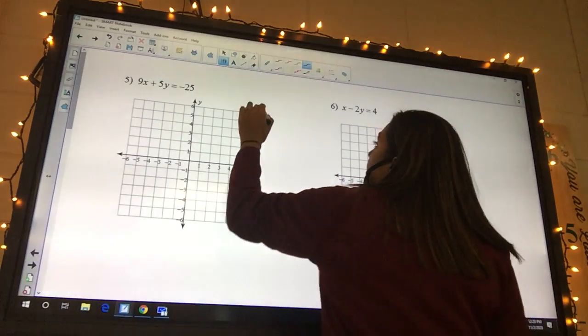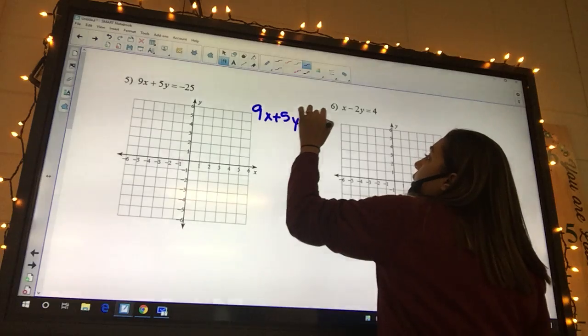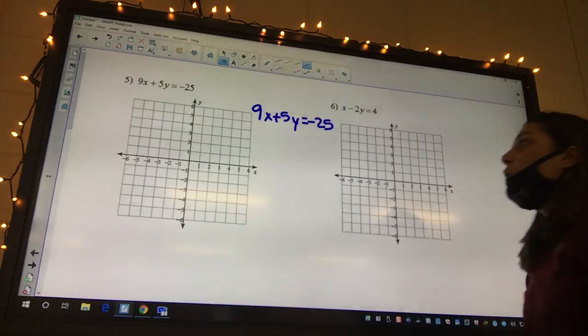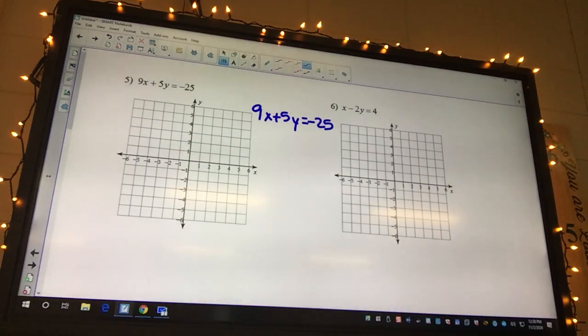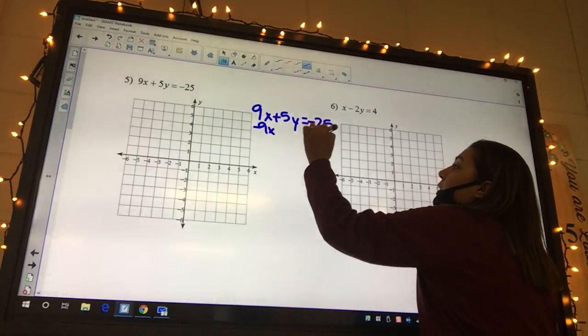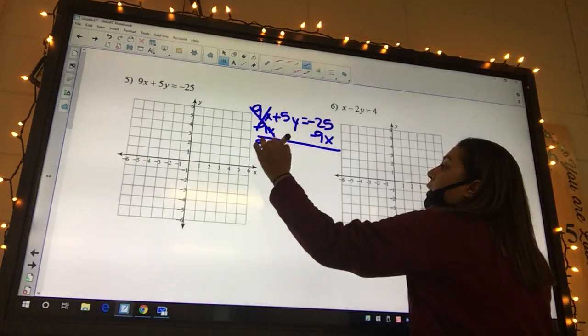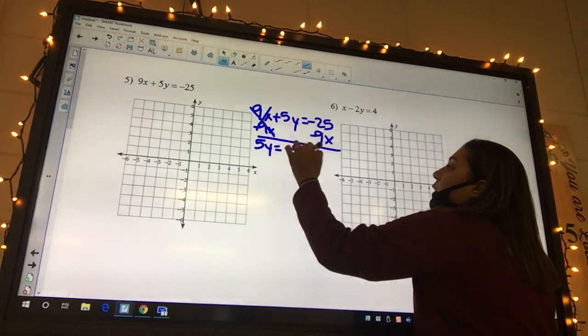Okay, so 5, we got 9x plus 5y equals negative 25. What do we need to do first? Get rid of the 9x. How? Subtract 9x from both sides. So then it's negative 9x minus 25.